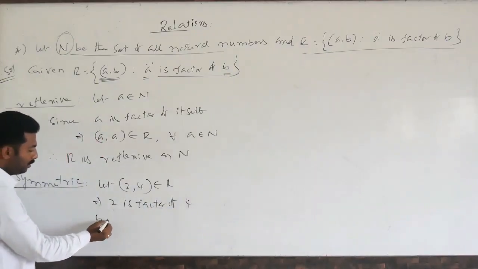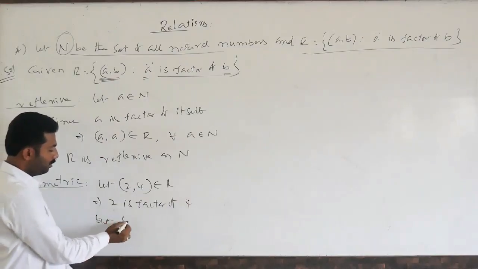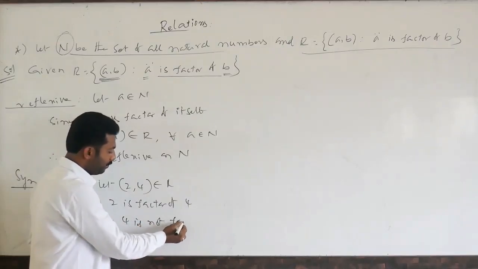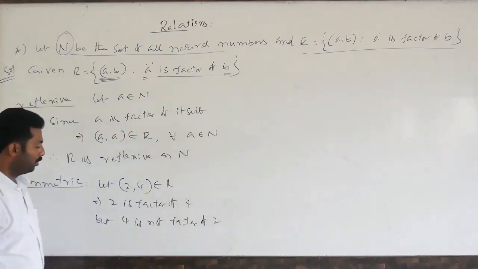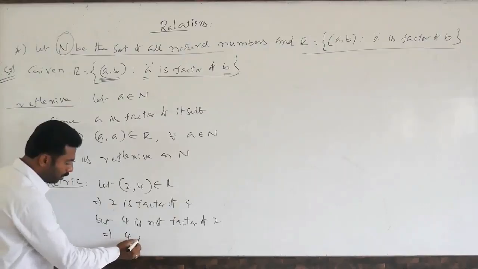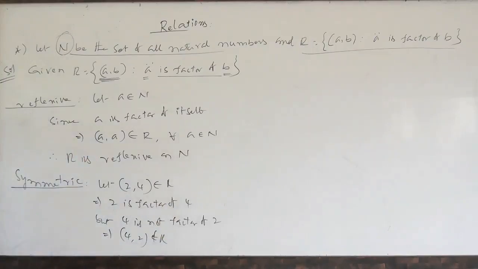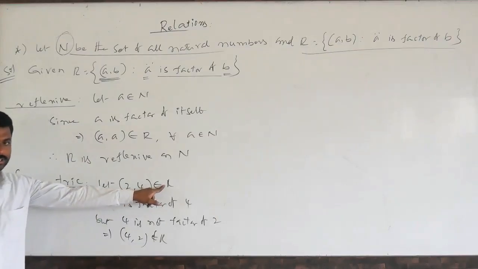But 4 is not a factor of 2. So 4 is not a factor of 2, which means (4, 2) does not belong to capital R. See, what is our assumption? (A, B) belongs to capital R. This is true.